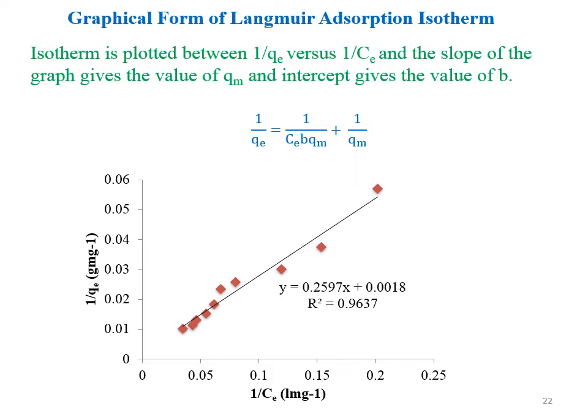So according to this mathematical expression, we can plot 1 over Qe on the y-axis and 1 over Ce on the x-axis, and the plot of these two variables should give a straight line if the data is following the Langmuir adsorption isotherm. The intercept gives the value of b, while the slope of this graph provides the value of Qm.